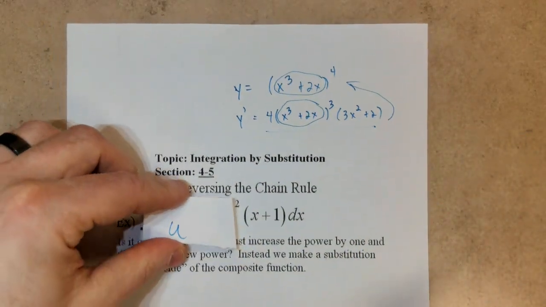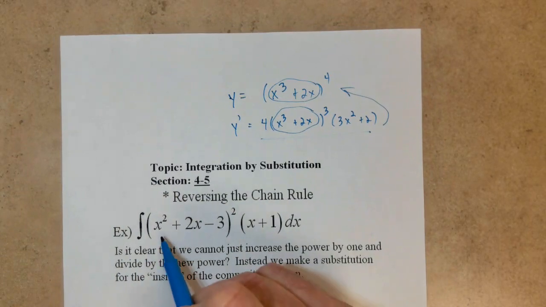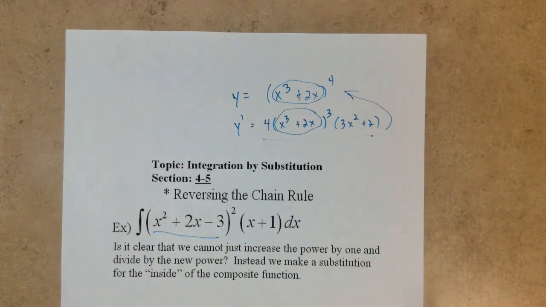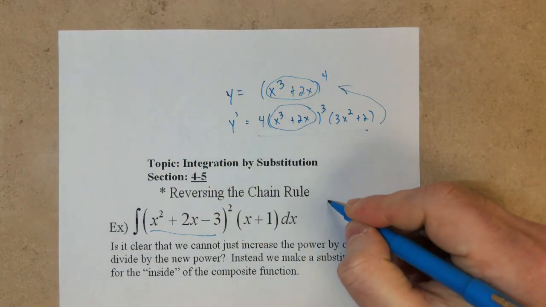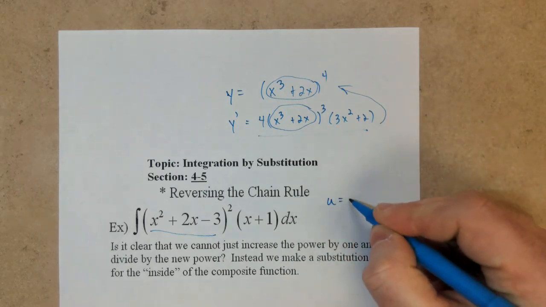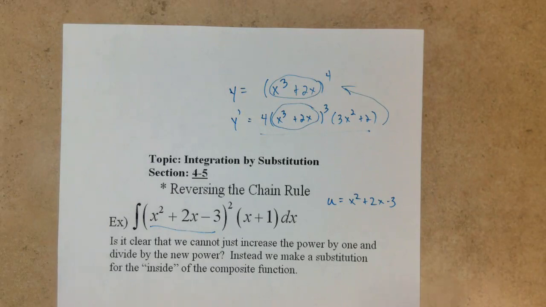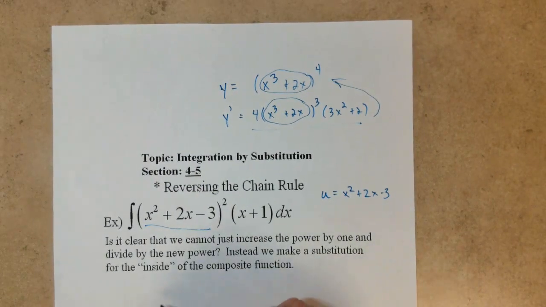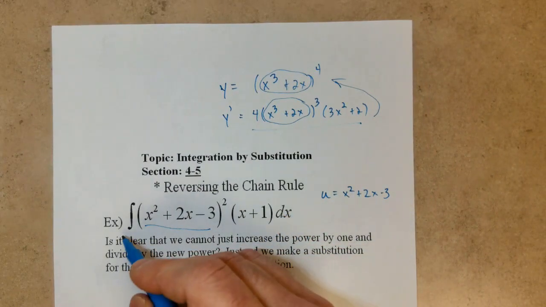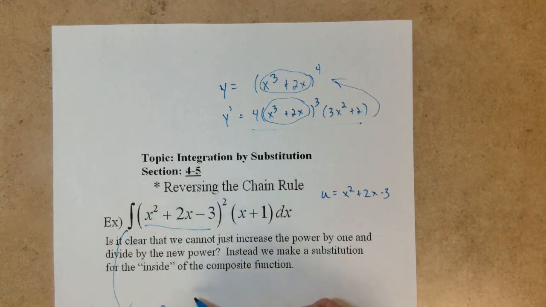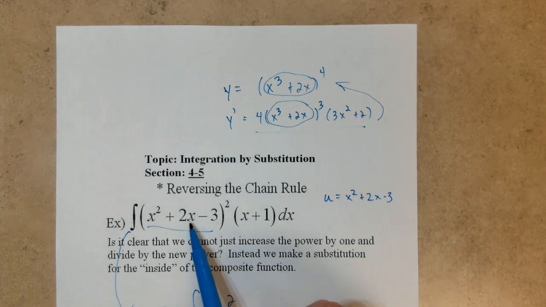If we let this innermost part be u, then let u equal x squared plus 2x minus 3.